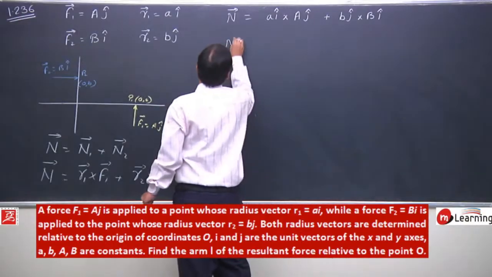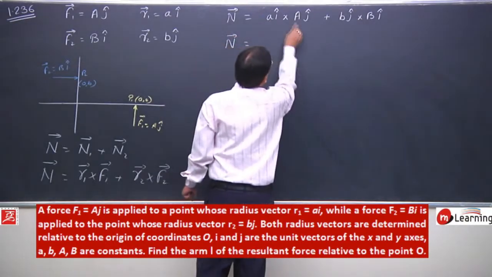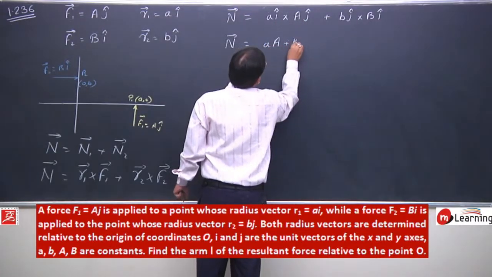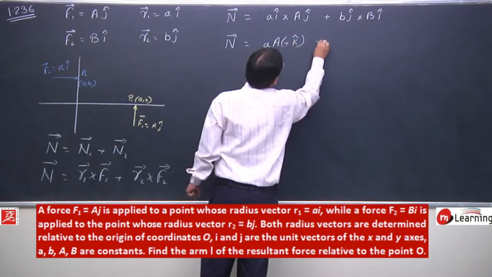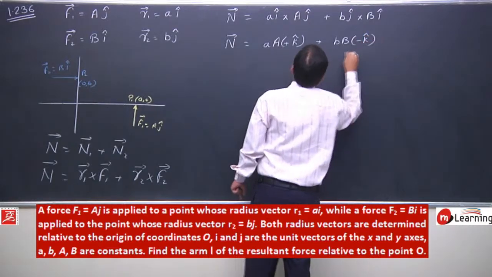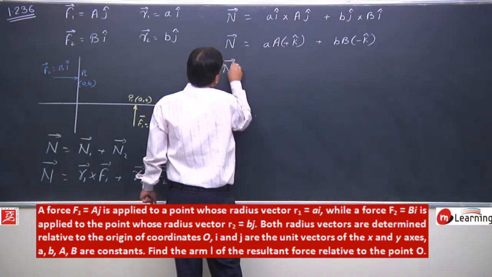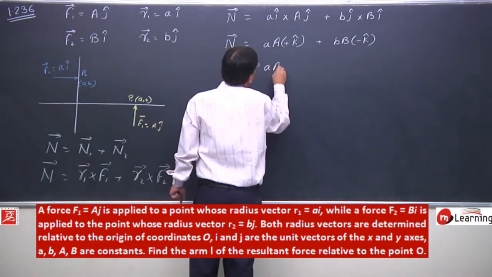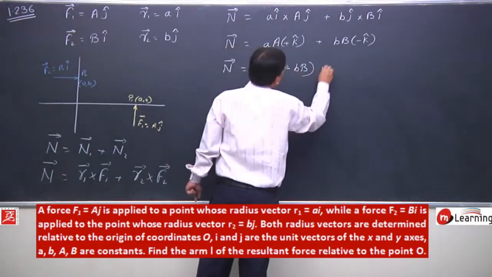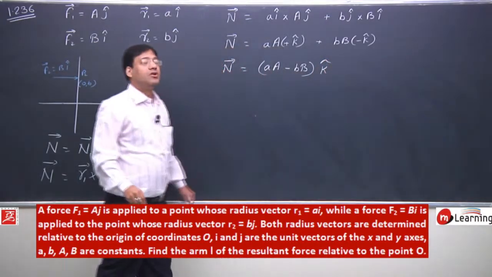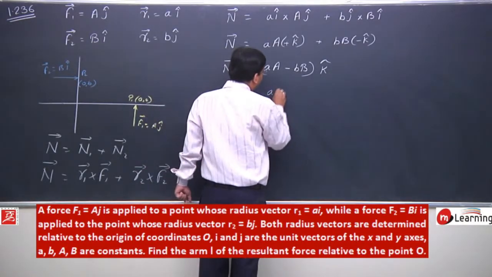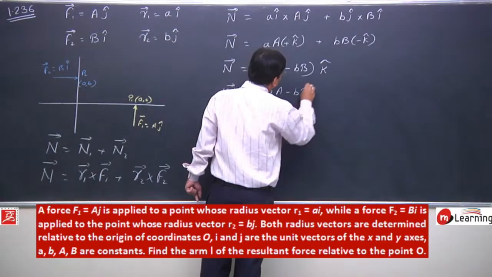So this would give me N is A into A, I cross J is plus K, plus B into B, J cross I is minus K, or this is AA minus BB into K cap, and the mod of this moment is AA minus BB.